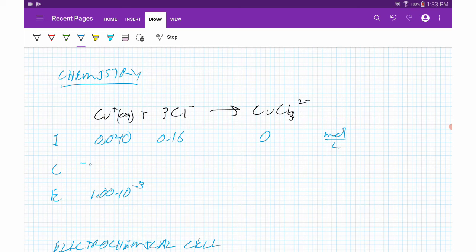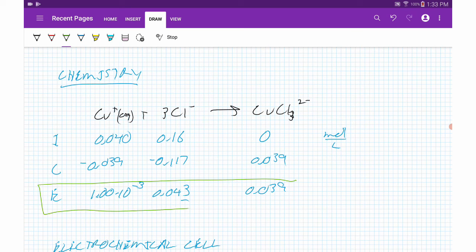And so we can go, this is minus 0.039, minus 0.117, 0.039, 0.039, and 0.043. That is the completed ice table.